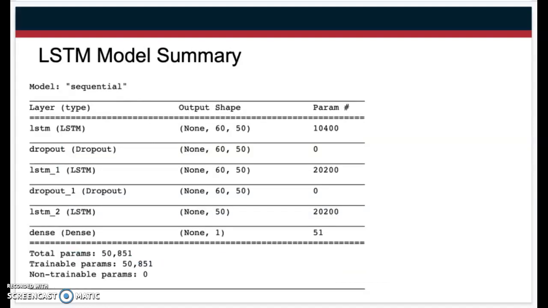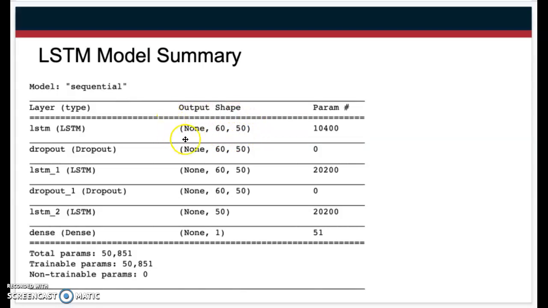Here's a model summary for our LSTM model on the historical stock price prediction. It gives us our layers. So here's our first, our second, and our third, along with our dropout layer. It gives us our input shape, so how many LSTM cells we're using and what our input length is.